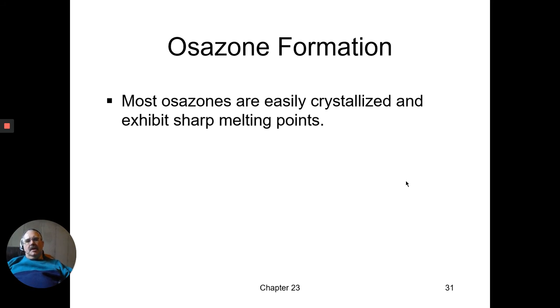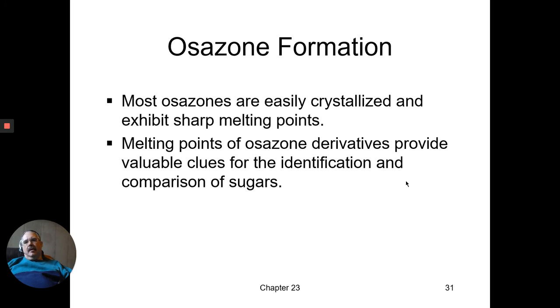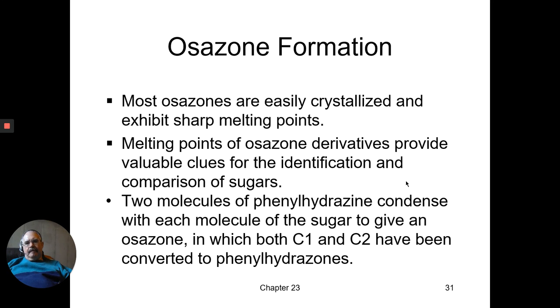That is in contrast to the original sugars, which typically soften and form a syrup over a large temperature range, and it's difficult to get melting point data for many mono and disaccharides. So these melting points provide valuable clues to the identification and comparison of sugars.